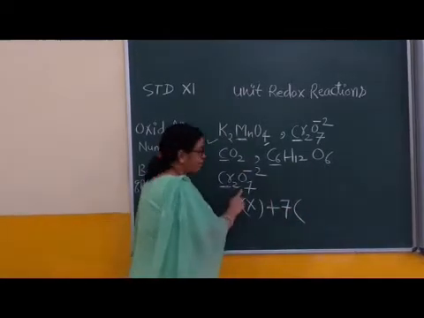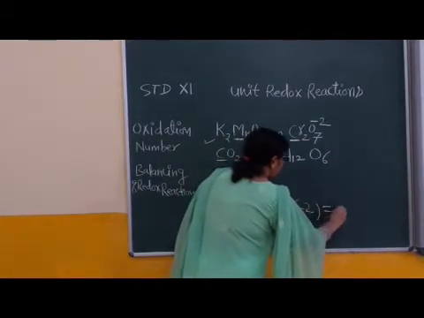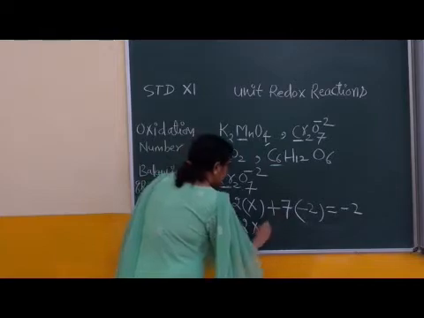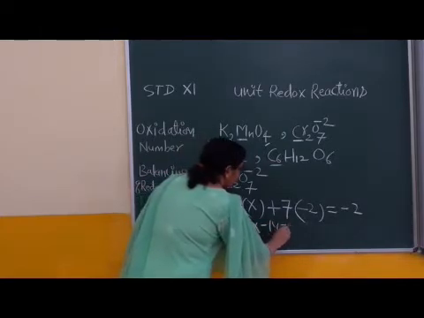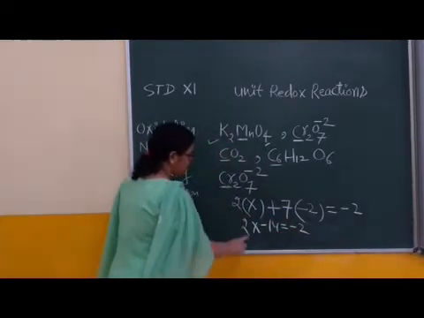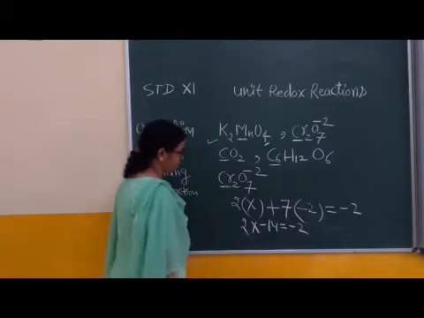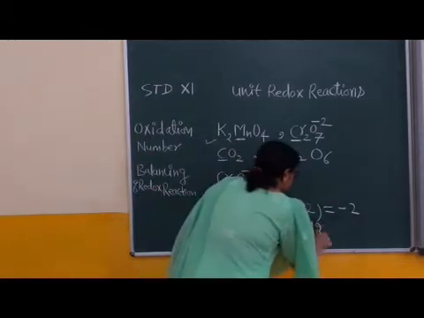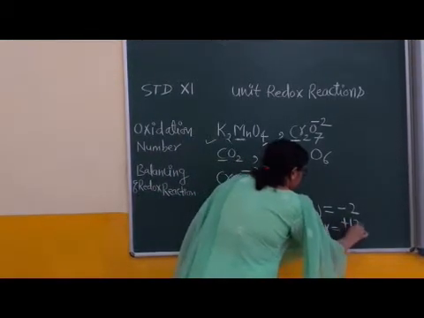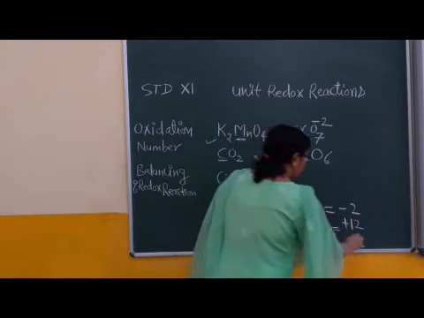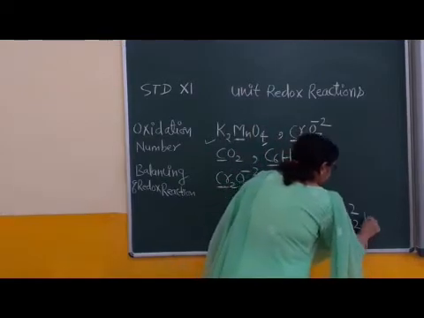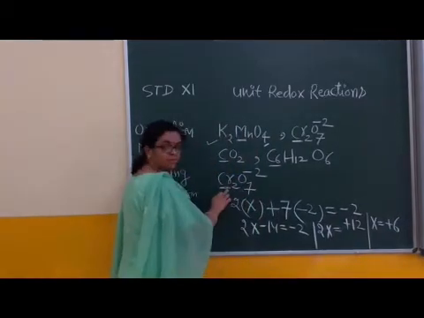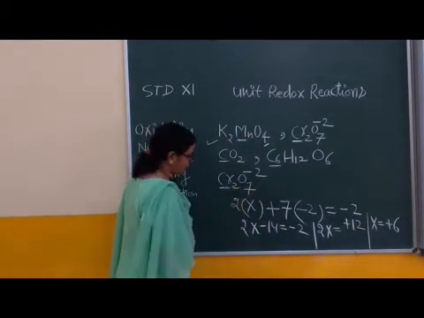Charge on a single oxygen is -2, so 2X -14 is equal to -2, or 2X is equal to +12, or X is equal to +6. The oxidation number of chromium in the dichromate ion is +6.